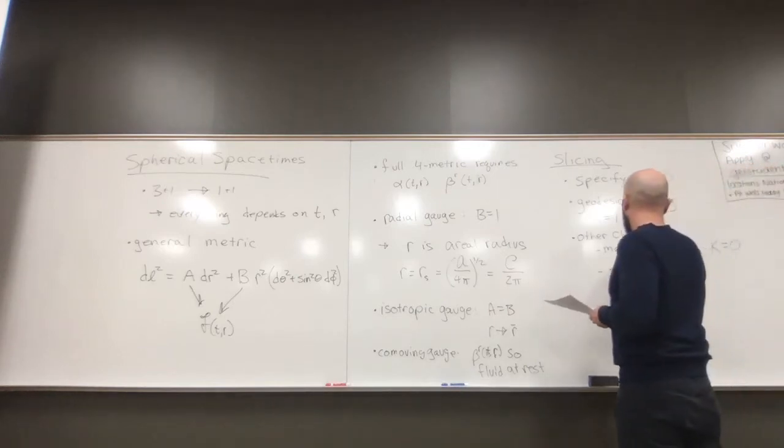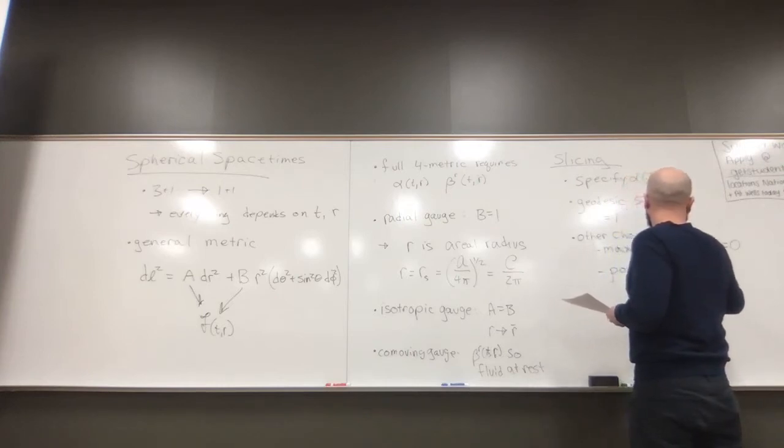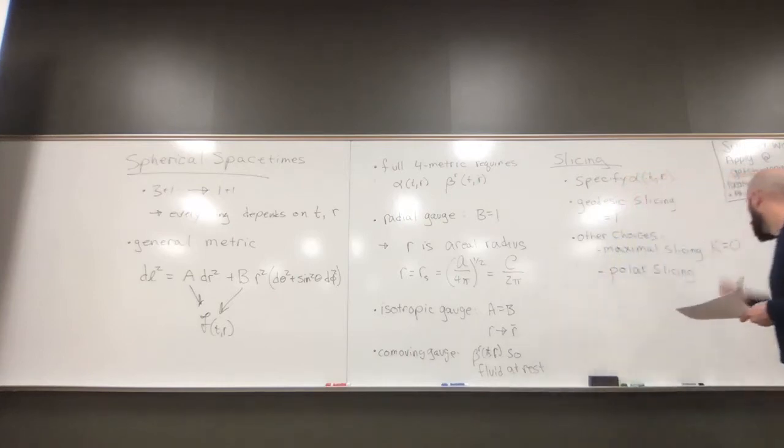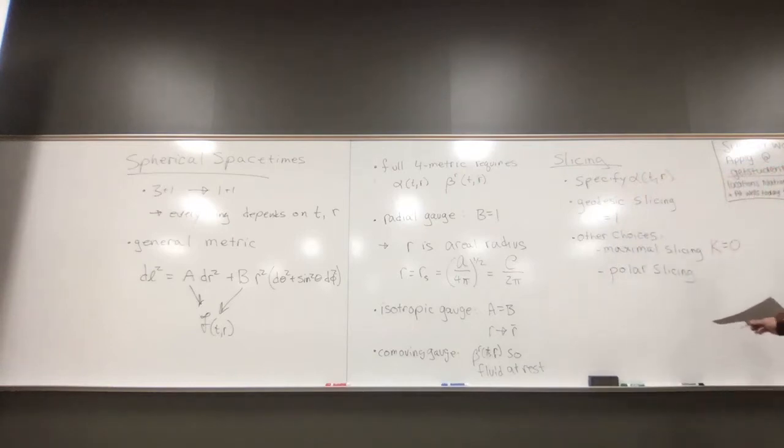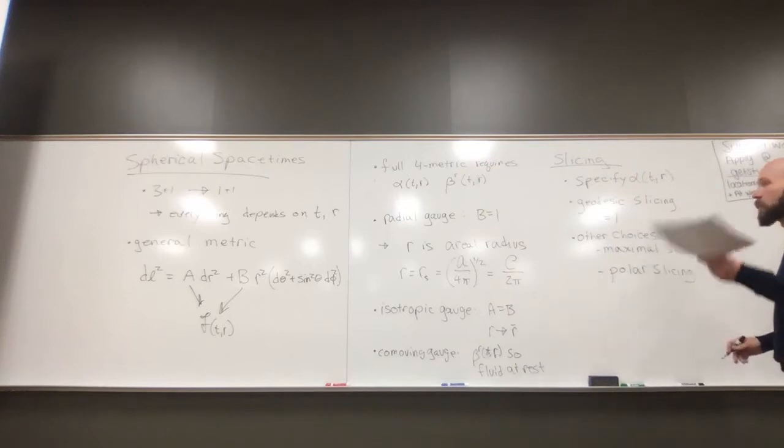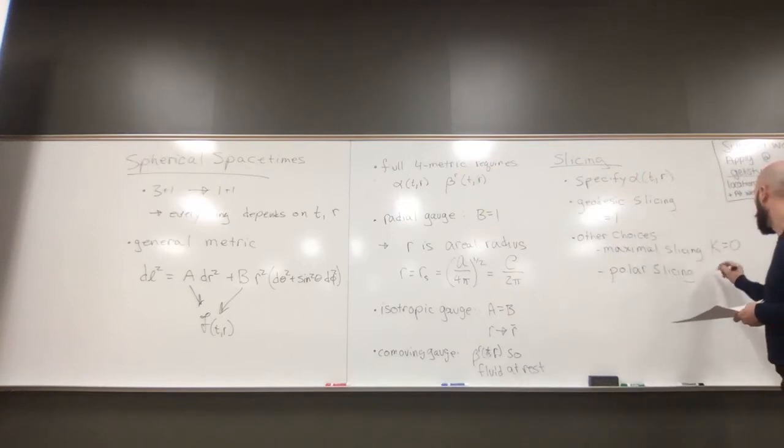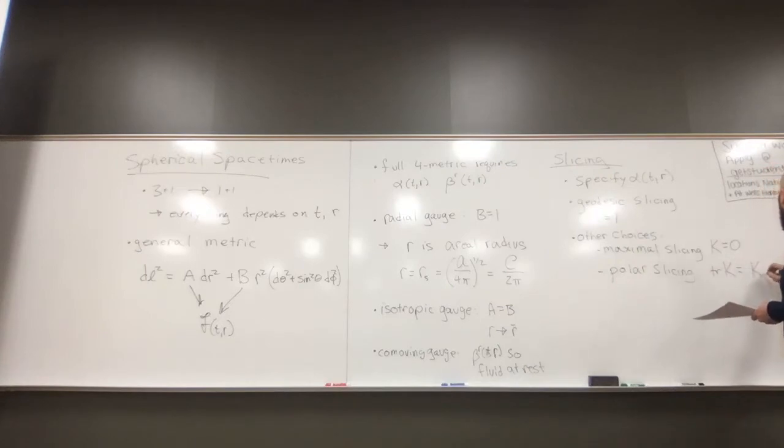And then polar slicing. Now, oh, I didn't write this down. But the constraint here, I'll just do this in spherical coordinates because that's what we're doing today: the trace of K is equal to the contraction of the RR components of the extrinsic curvature K. That's polar slicing. I didn't write that down in my notes, but we'll come to that later.